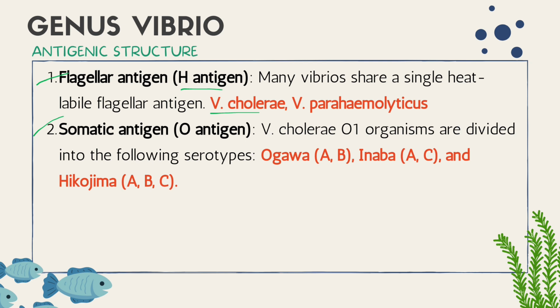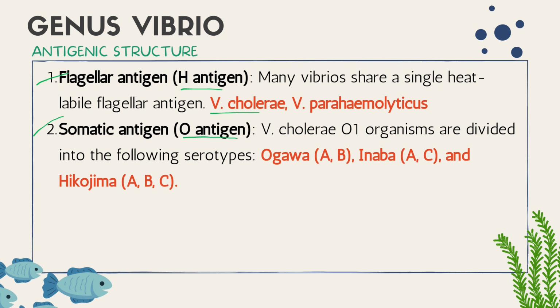So the antibodies present in our blood are measured by the Widal test. We can then know the specific species or classification of a family or genus based on these types of serological testing. This is also the same with the O antigen.